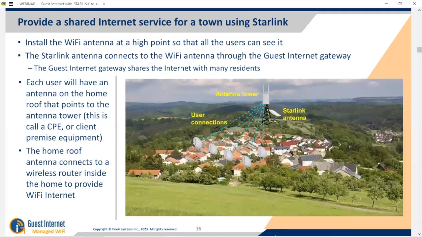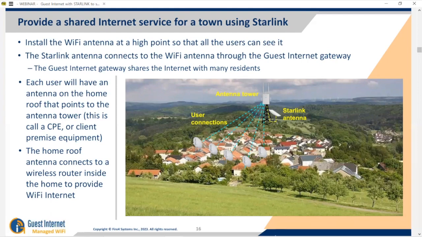It's very easy to provide a service for a town because we seek a high point to install the antenna. That might be a hill outside the town. It might be a tower. And we want to ensure that each home can have a line of sight to that antenna. And for longer distances, each home should have an antenna on the roof with wireless equipment, we call it client premise equipment, and then that can connect to a wireless router inside the home.